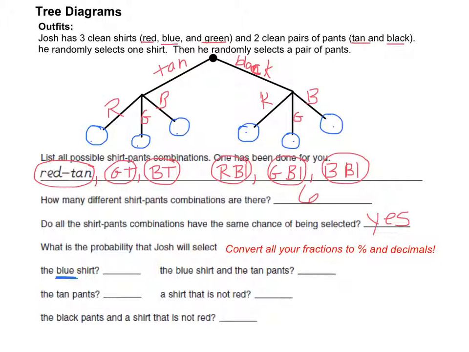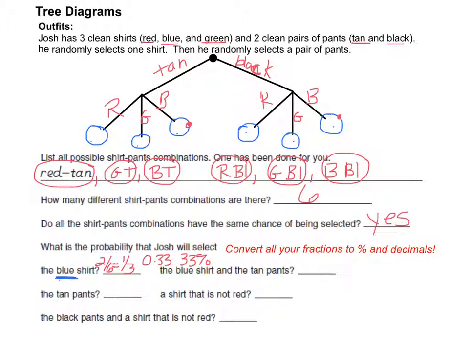If we look for the ones that have a blue shirt, this one would count. We could have a blue shirt with tan pants, but I could also have black pants with a blue shirt. So it's 2 out of 6, which simplifies to 1/3, which is 0.33, or 33%.